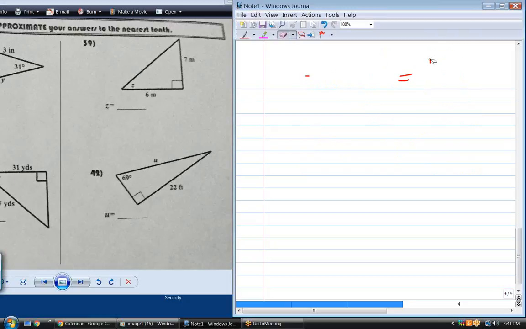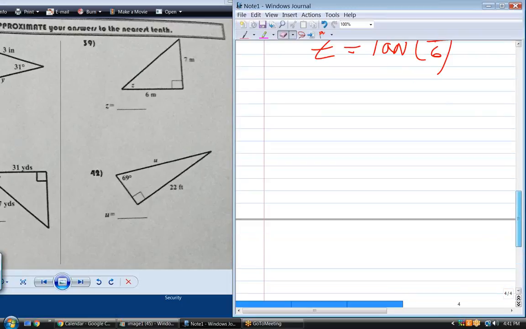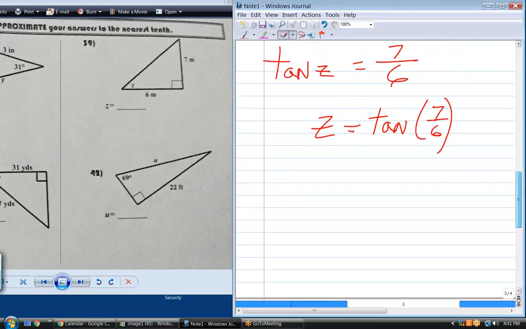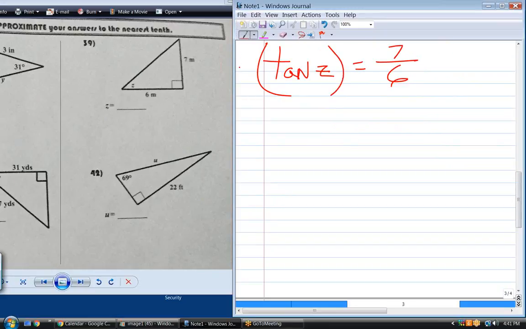Another way to look at this is if we have the top one, we can take the inverse tangent of both sides. Just like any equation, you can do the same thing to one side as long as you do it to the other.